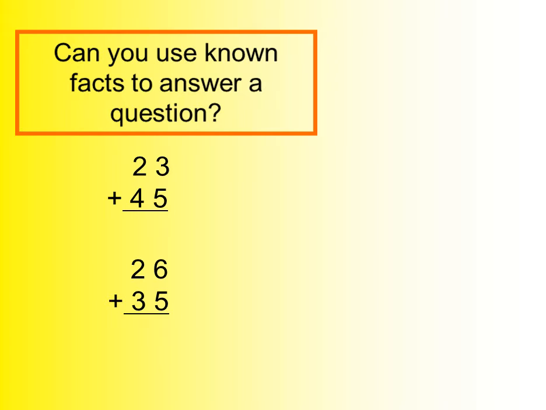Now, in our units column, we need to do 6 add 5. Now, think carefully. 6 add 5 is going to be 11, which gives us a 2-digit answer. Now, an 11 is made of a 10 and a 1, so we need to carry that 1 ten into the tens column, and the 1 unit can stay in the units column.